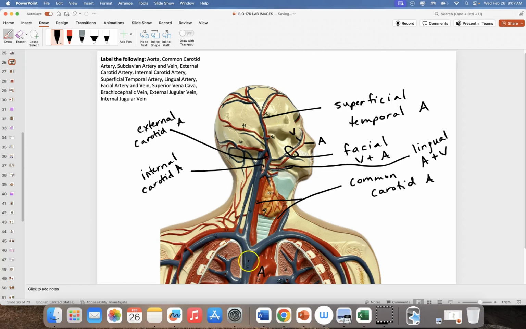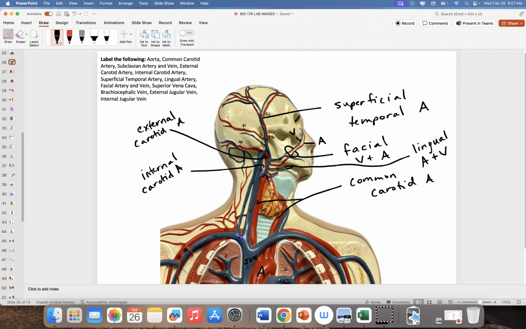We have a few more veins I'd like for us to take a look at, and I'd like to start with the superior vena cava, just because that's a helpful landmark for us to start with. Here's our superior vena cava. It then immediately branches into brachiocephalic veins.